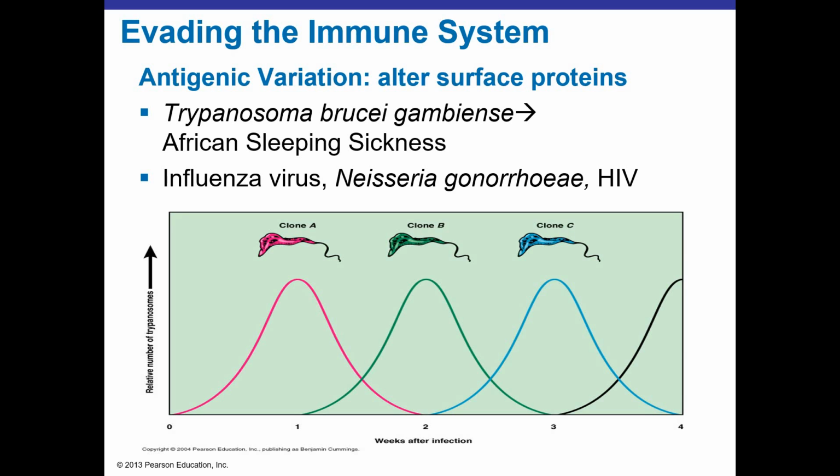And this becomes a chronic infection where these individuals literally just end up sleeping to death. They can no longer maintain a sleep-wake cycle because of the neurological damage. Other pathogens that you know, things like influenza, Neisseria gonorrhoeae, and HIV, employ similar strategies, which is why it's been very difficult to make vaccines for these types of pathogens.